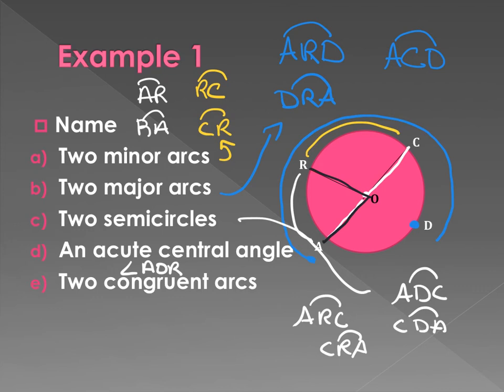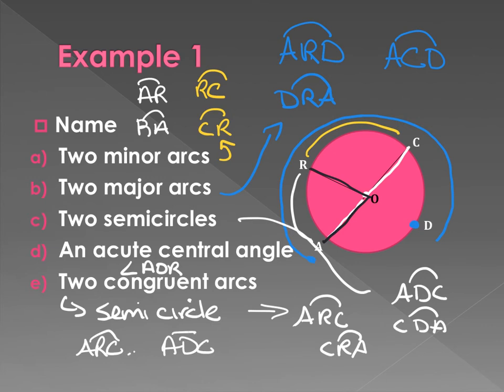And then the congruent arcs, the only thing I know for sure are the two semicircle arcs. So I would name these things here, ARC and ADC. Those would be the two congruent. So the two semicircle. I can't assume that anything else has the same measure.